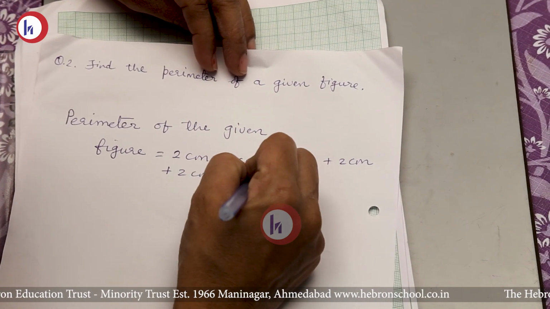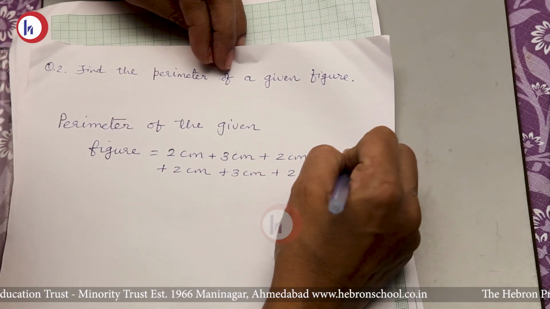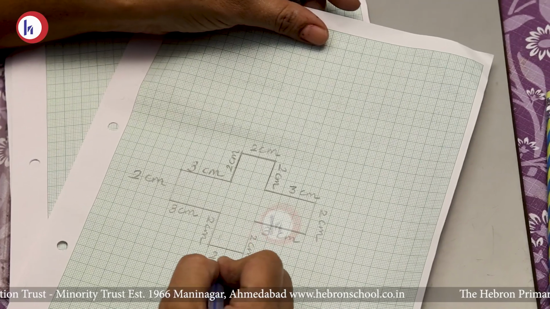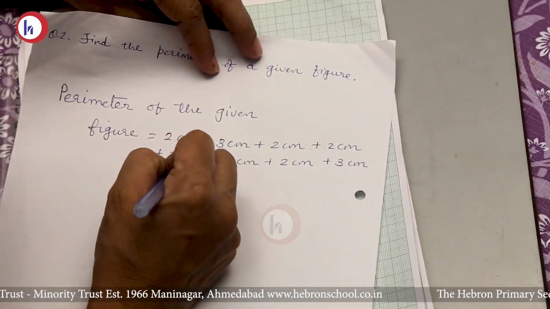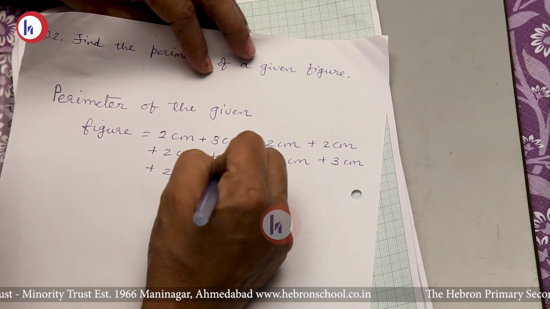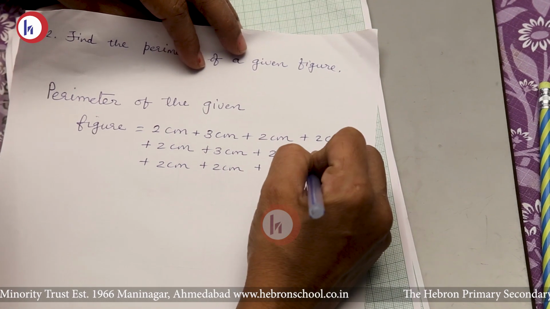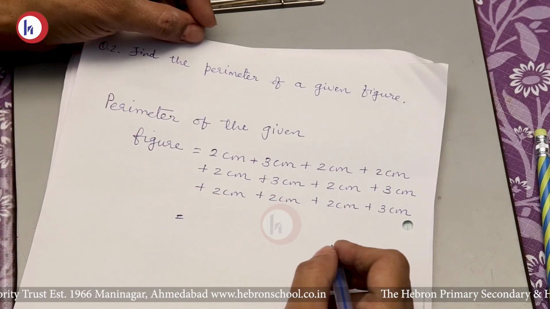Plus 3 centimeter, plus 2 centimeter, plus 3 centimeter. Then 2, 2, 2 and last 3. 2 centimeter, plus 2 centimeter, plus 2 centimeter, plus 3 centimeter.